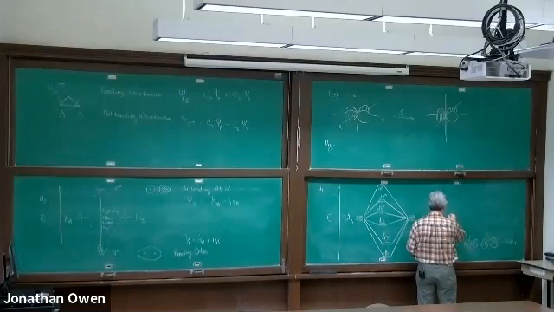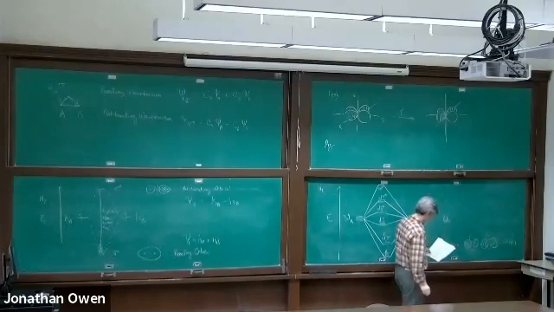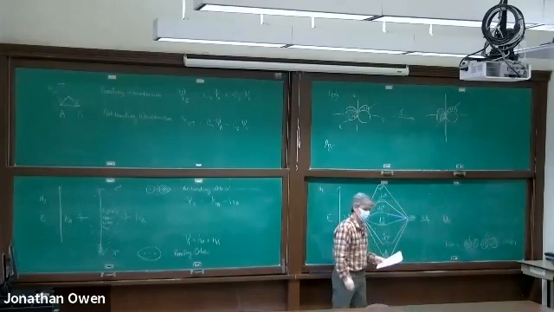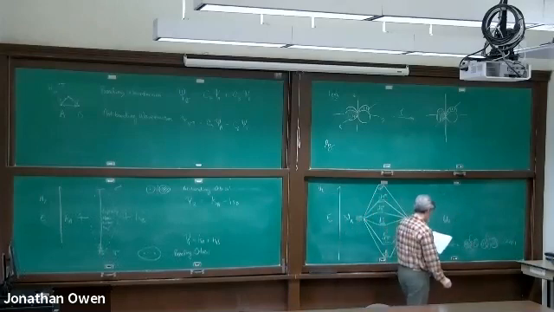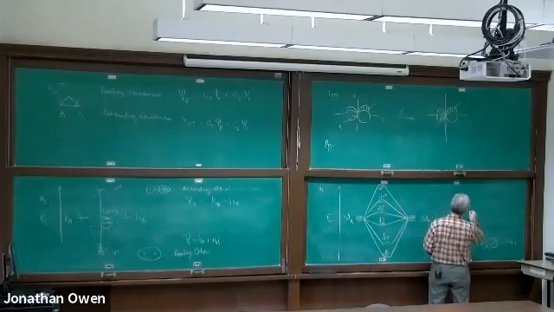Let's do some pi bonding orbitals here. What do the pi bonding orbitals look like? When you have 2 d orbitals, there's 2 possibilities actually.